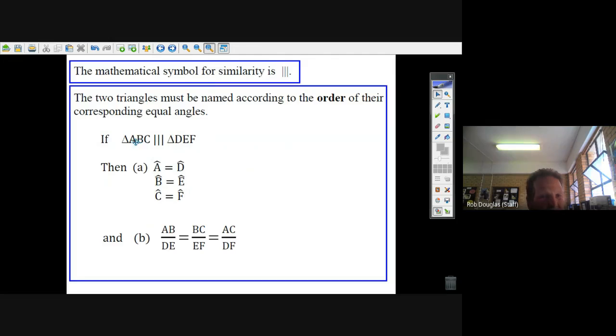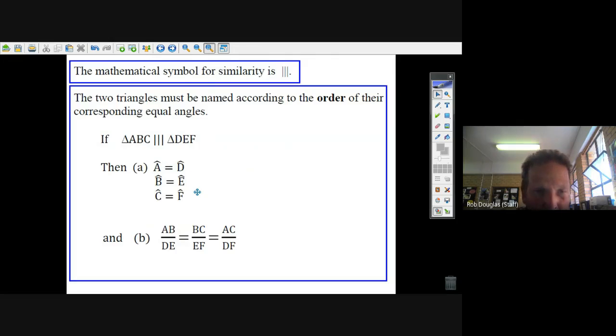If you take the first two letters, AB, and match them up with the first two letters here, between the two angles that are the same, AB over DE will equal BC over EF. Just make sure they're matched up the same, as well as AC over DF. Those are your three proportions that must be true, and you can get them from just looking at the letters.